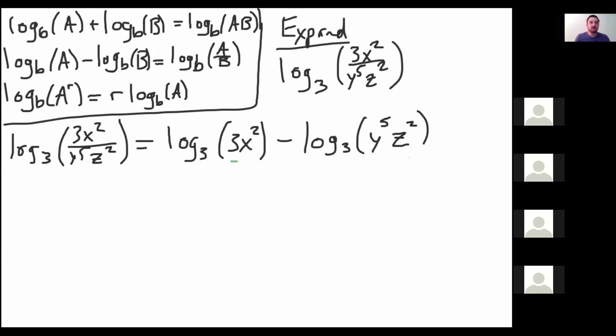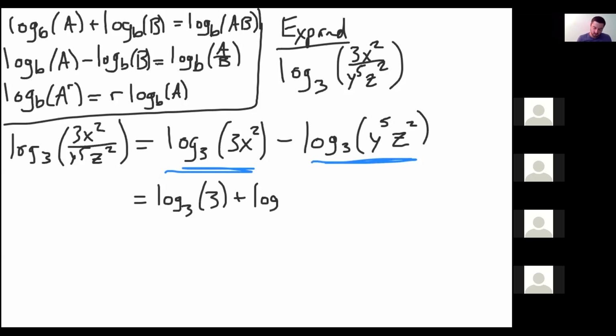So that means I can split this log into the addition of the two things that I'm multiplying inside, and the same thing here. Now, the first one becomes log base 3 of 3, and I have to add to it log base 3 of x squared, because I was multiplying that 3 by an x squared.